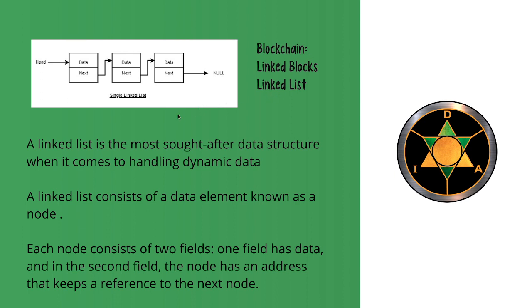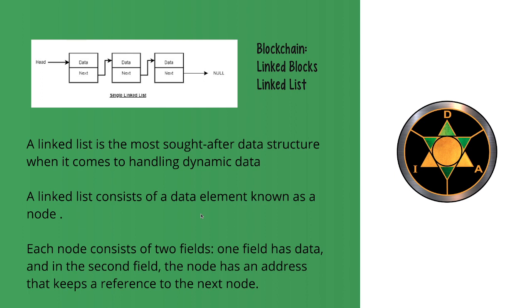At a practical level, the structure a blockchain functions on top of is simply what we call a linked list, which is really the most sought-after data structure when it comes to handling dynamic data.